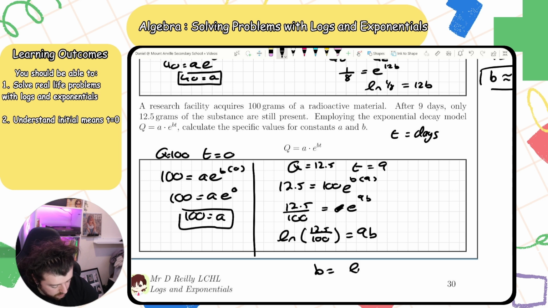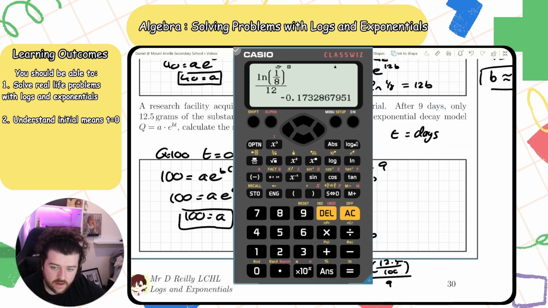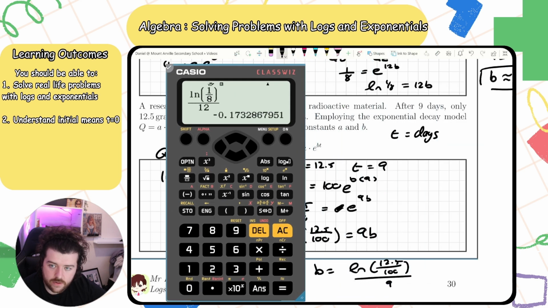b is going to equal ln of 12.5 over 100 divided by 9. Put that into our calculator. We're looking for ln of 12.5 over 100, divided by 9.